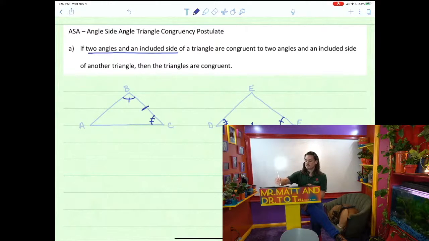Let me give you an example of where this would not work. So for example, if we said that angle A is congruent to angle D, and let's say that angle B is congruent to angle E, but let's say that I only say that side length AB is congruent to side length EF.